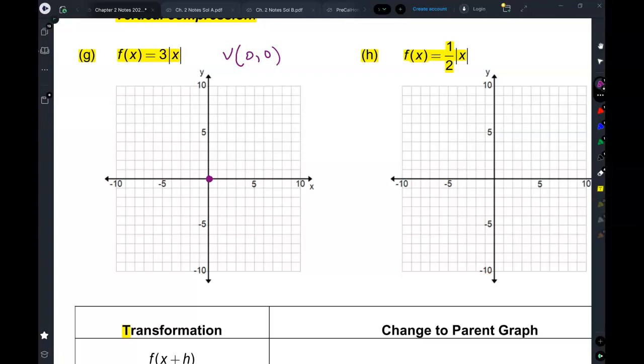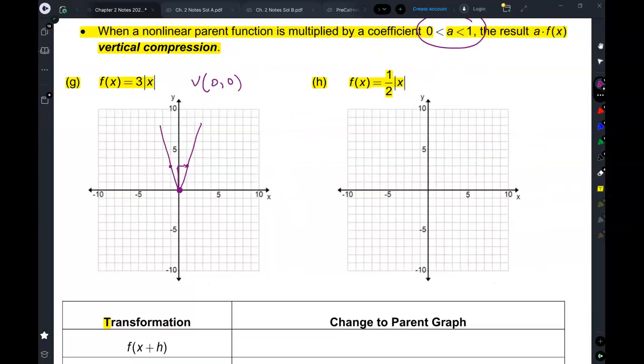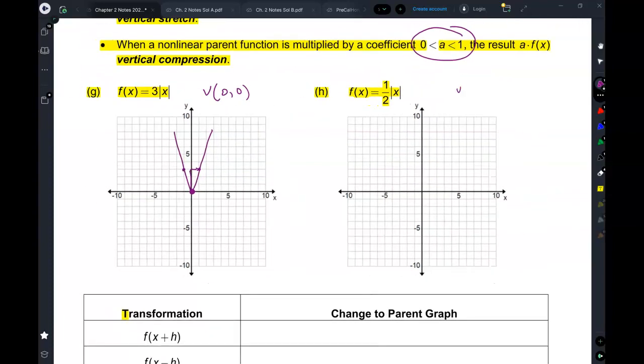Up 3 over 1, and then up 3 and over 1. Next one is a half x. The vertex is still at 0, 0, and now I'm going to go up 1 over 2, and it's going to be wider.